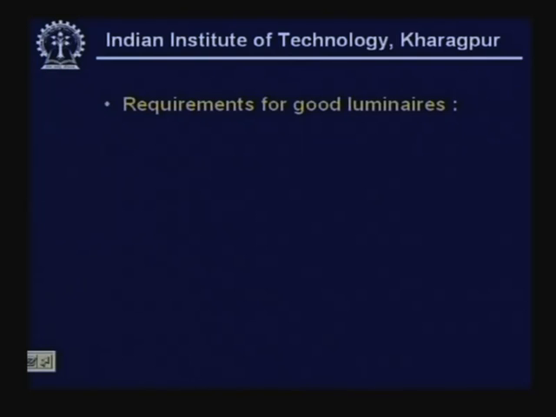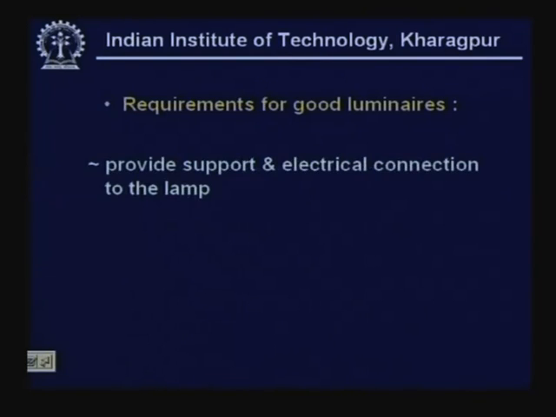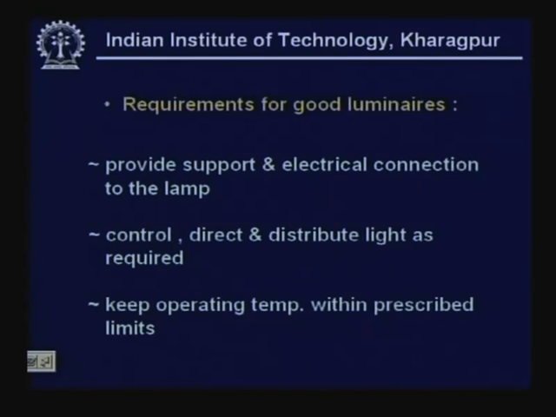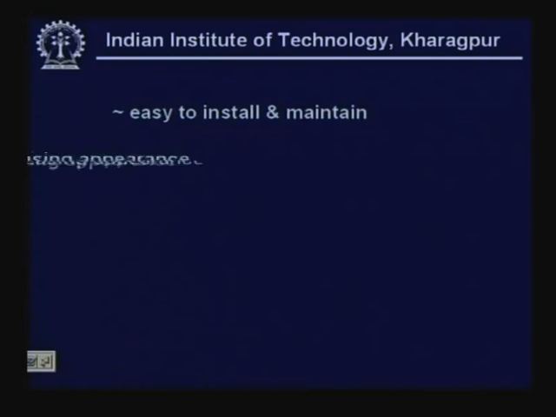The requirements for good luminaires can therefore be listed as follows. They should provide good support and electrical connection to the lamp, of course depending on the voltage of operation. Though I say it should control, direct and distribute as required, these days there are electrical controls available which are part of the luminaire and keep the temperatures within the prescribed limits.